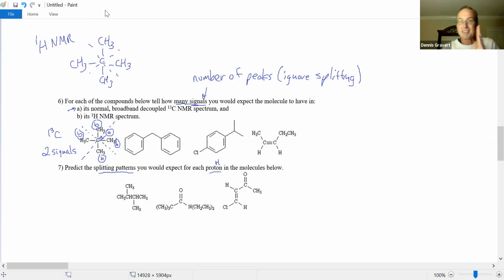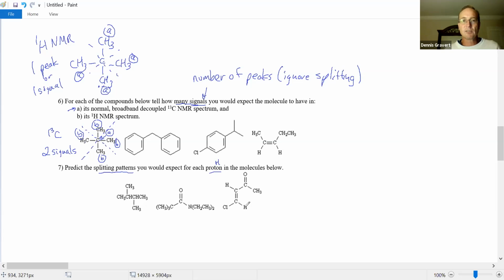So all 3 are going to stack up and produce a peak. And then the symmetry plane here means all 3 of these are equivalent to that one, and there's a symmetry plane here, which means the others are also equivalent. So there's only 1 peak, or 1 signal, in the hydrogen NMR.